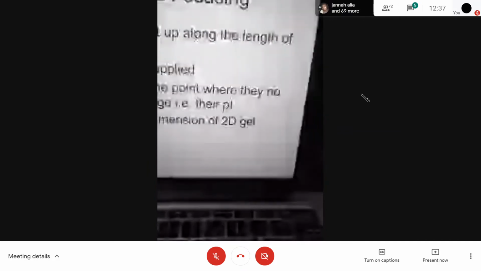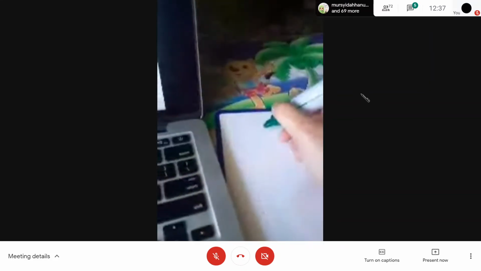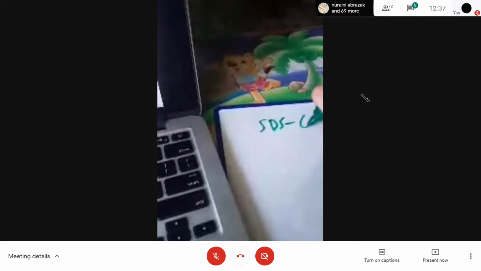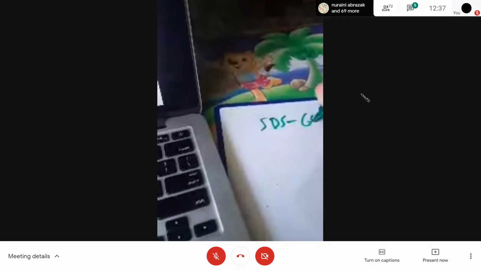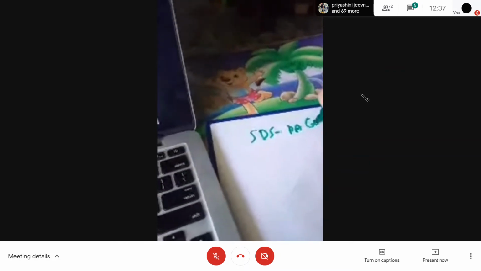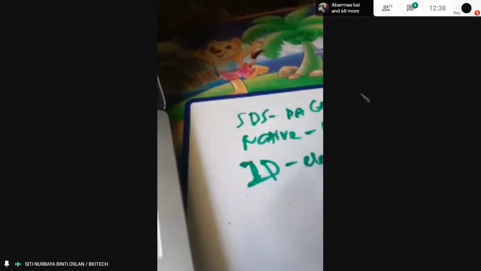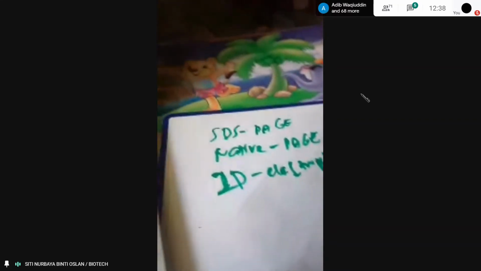This is where we separate protein based on, okay, we know that protein can be separated using SDS-PAGE, native PAGE, and then we also have 2D electrophoresis.